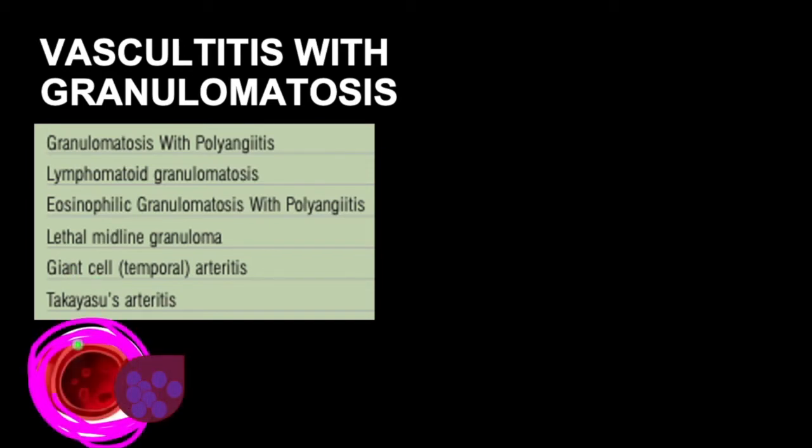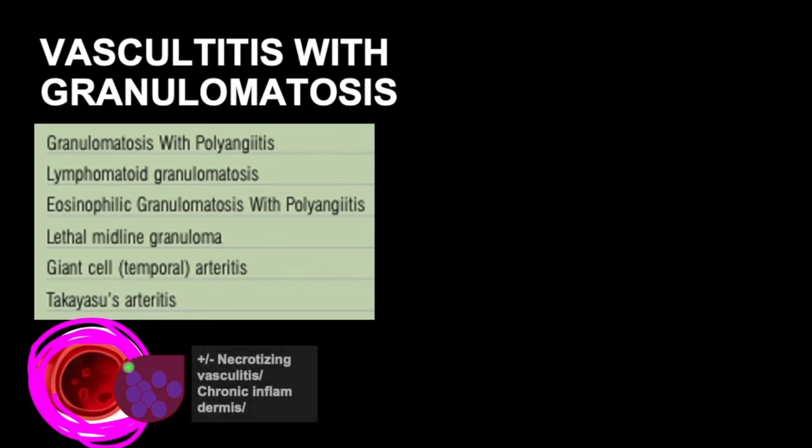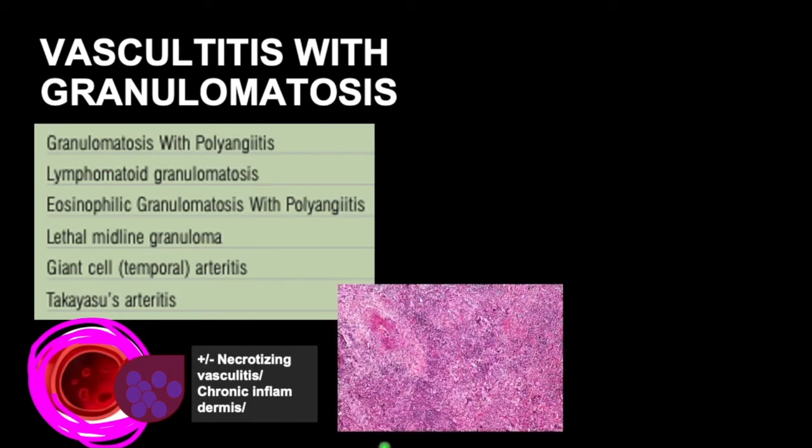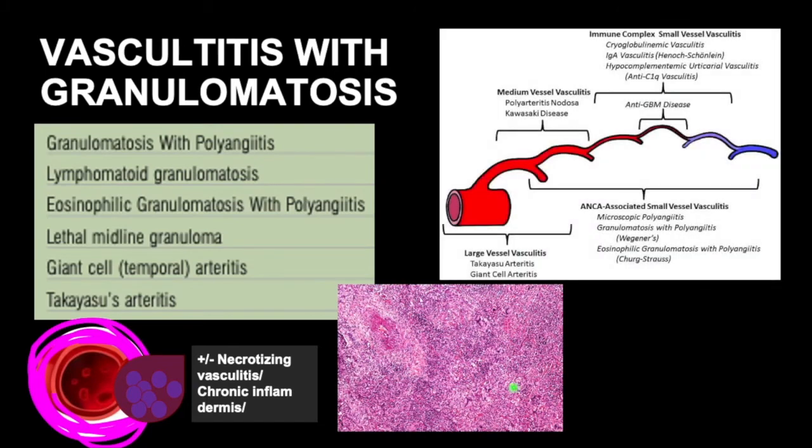So in addition to the vasculitis features, the fibrinoid necrosis and the lymphocytic infiltrate, we see giant cells. So usually more like a granuloma formation around the inflammation. And as we mentioned, this is from the paper that I showed earlier.